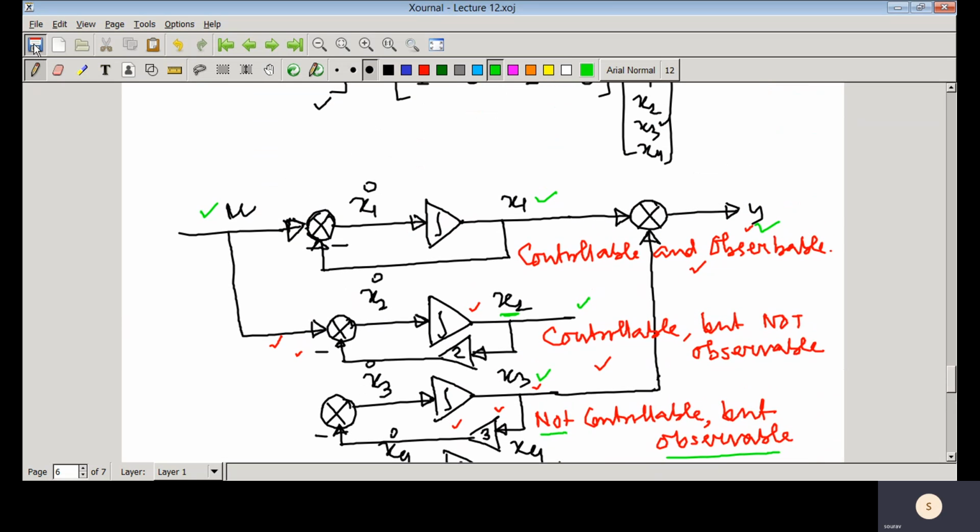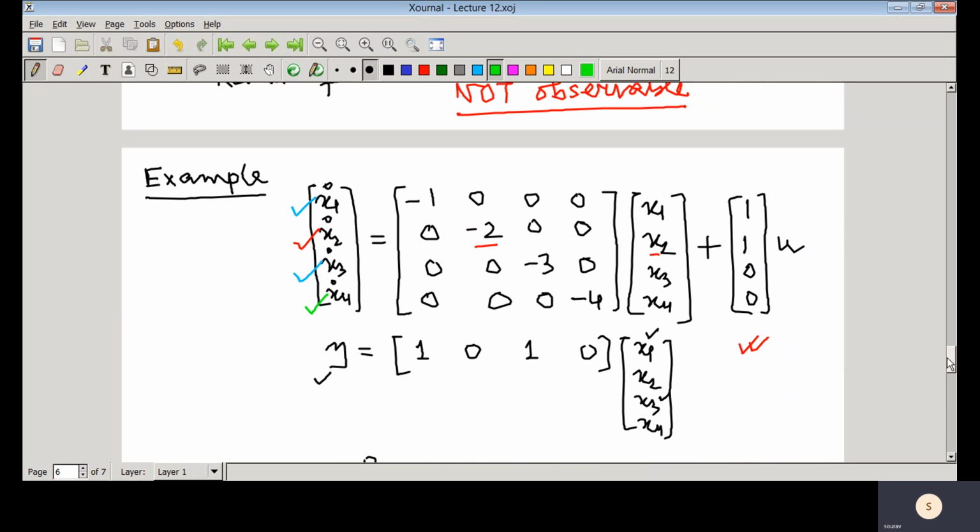One interesting thing you can note here: whenever you find the transfer function from input to output, only the state which is controllable and observable would appear. Even if it is a fourth order system, because four state variables are there, if you find the transfer function, only this particular mode would appear in it.